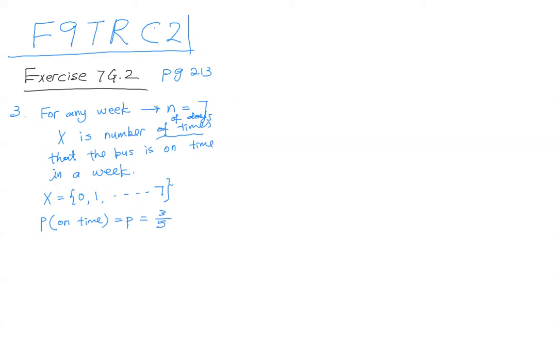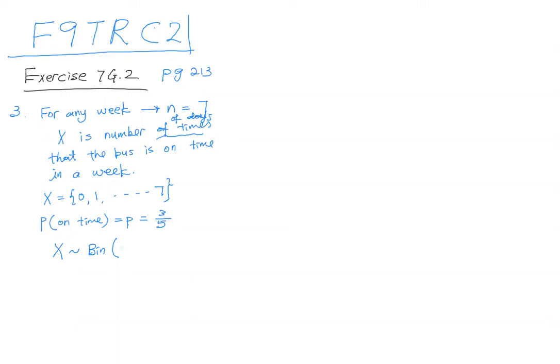So after we define all these, we know that X is a binomial distribution. Whether the bus is on time today and not tomorrow, will it affect? No, it is an independent trial, correct? Does it have a fixed number of trials? The answer is yes. Okay, so it fulfills the binomial distribution.